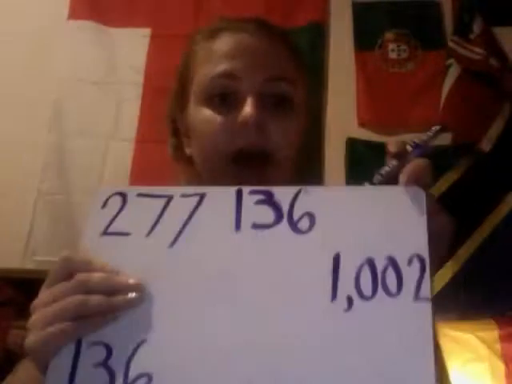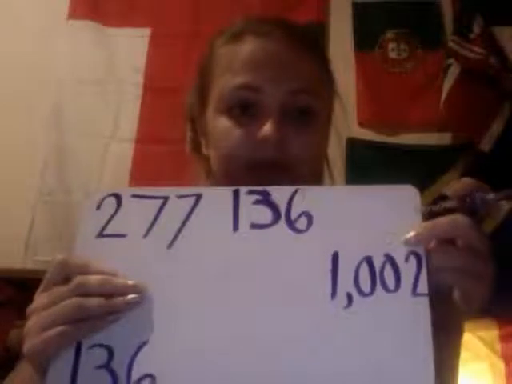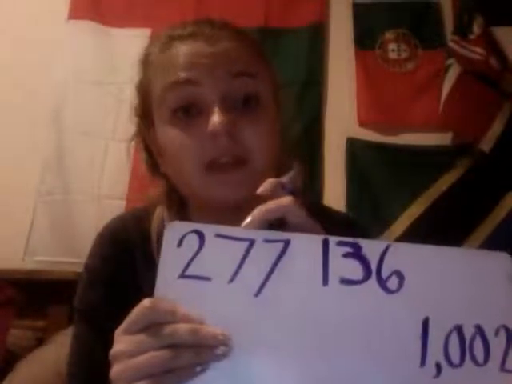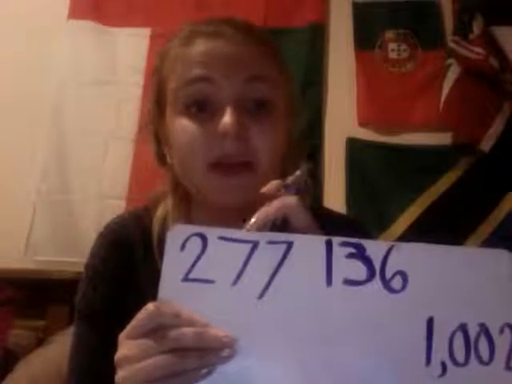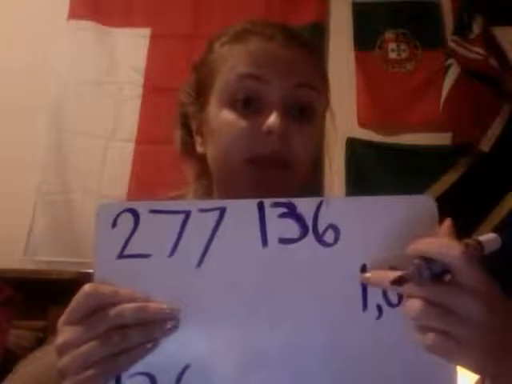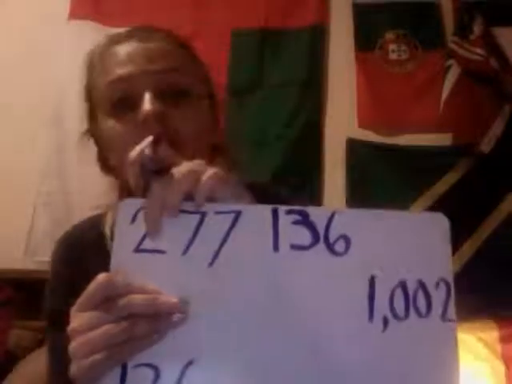Okay, now which one is going to come next? We have 277 and 1002. Okay, the 277 is going to come next because it is smaller than the 1002 because 1000 is bigger than 200.